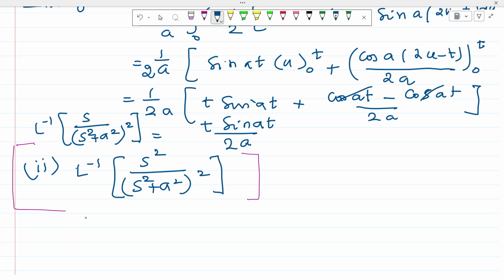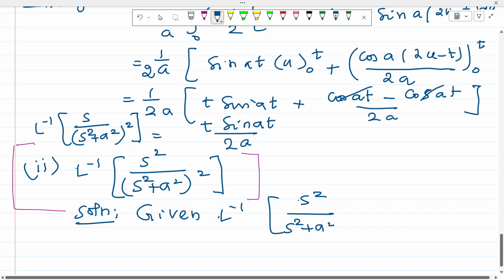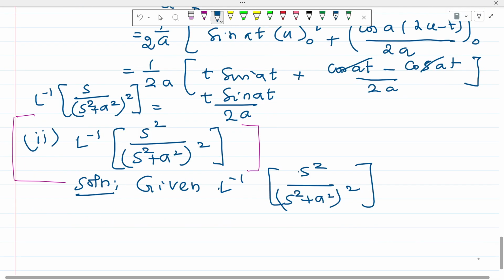how can we solve this? What is given here? Given L inverse of s square divided by s square plus a square whole square. See, already we have written s by s square plus a square whole square. Now s square is given. Then how can we write this?